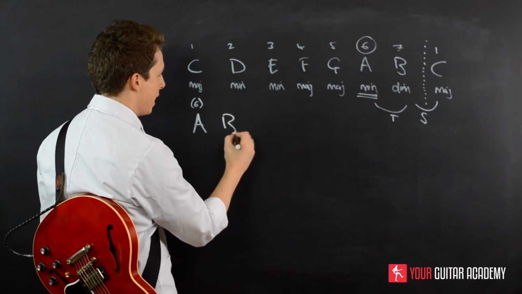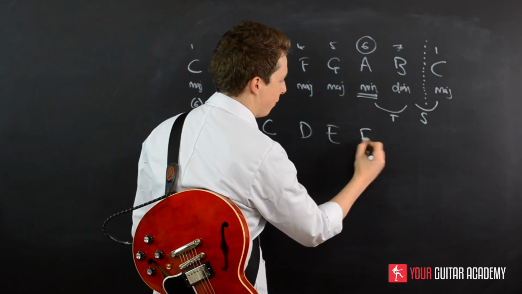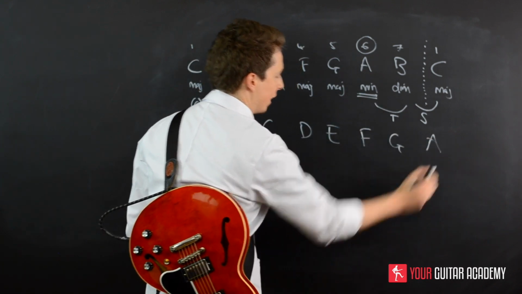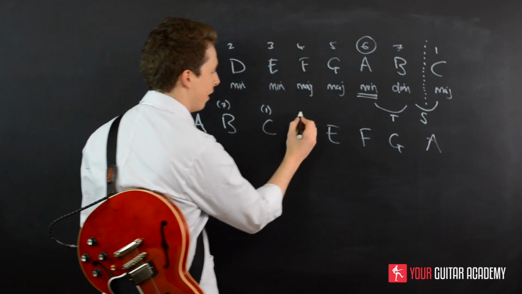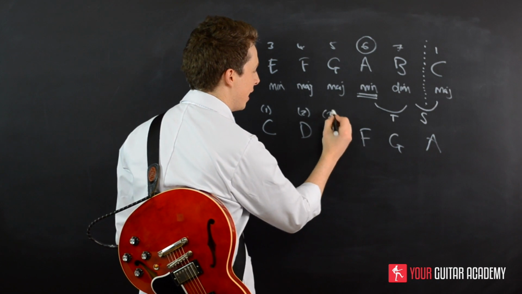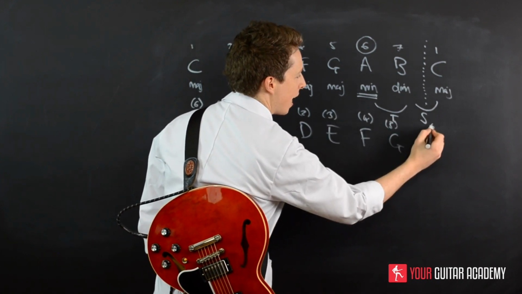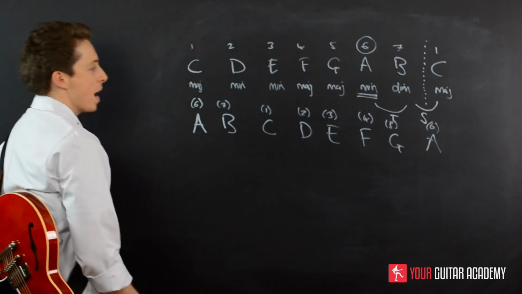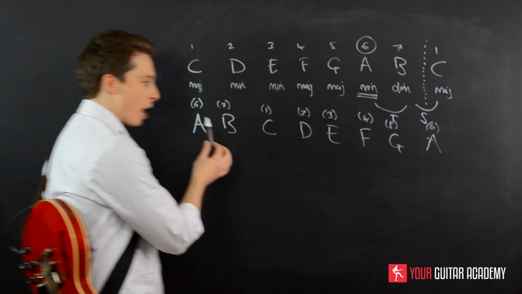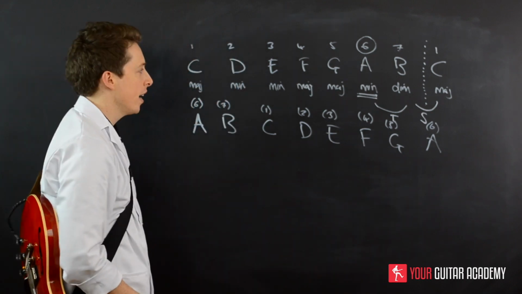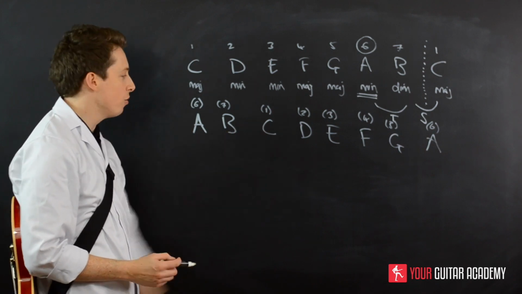And then we're going to go B, C, D, E, F, G, A. So 6, 7, 1, 2, in brackets 3, 4, 5, and then back to 6. But because of the order I've now put them in, starting from A and ending on A, this has now become an A minor scale. So we have had to do nothing new beyond start from the 6 and go forward.